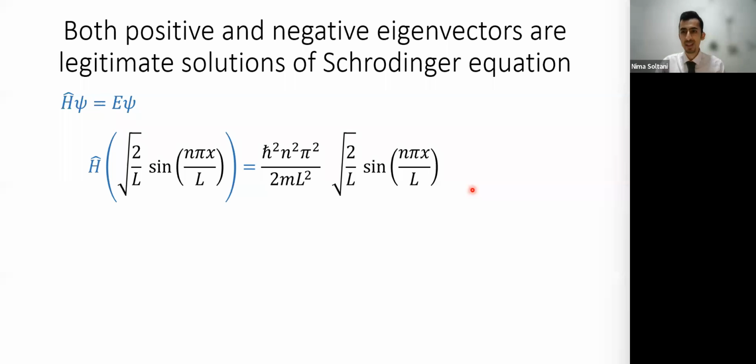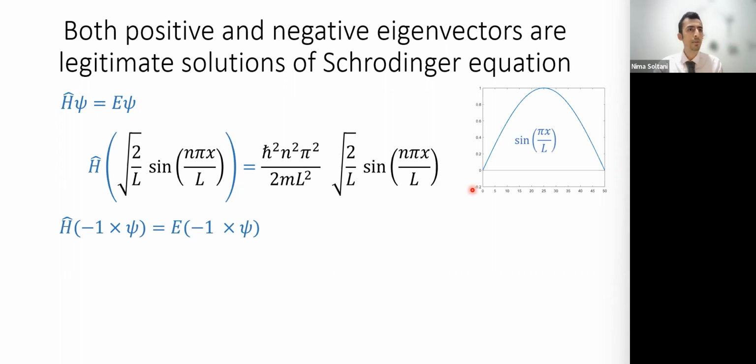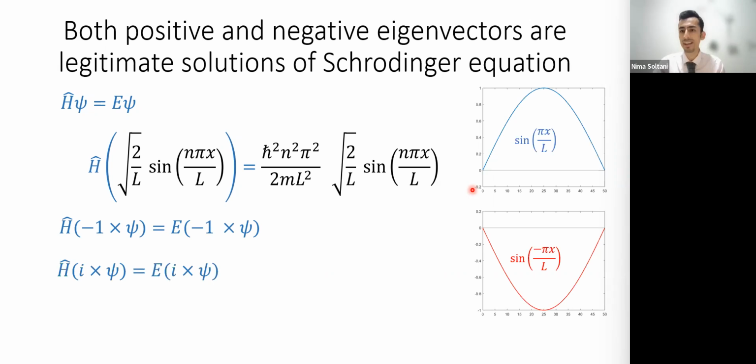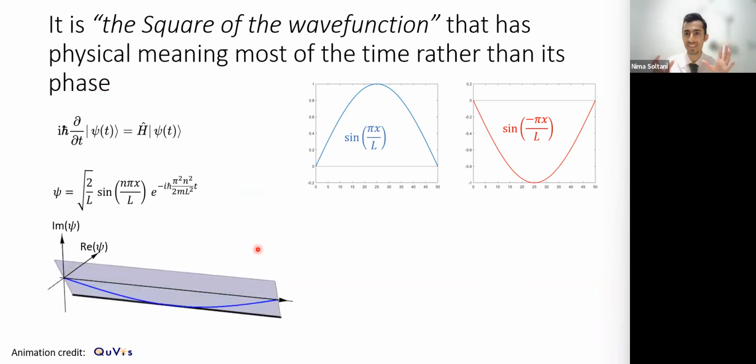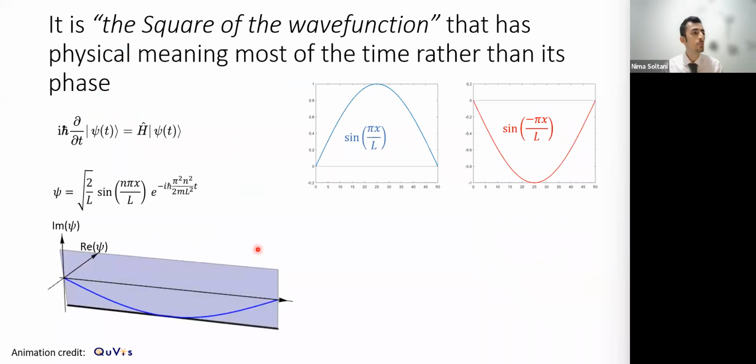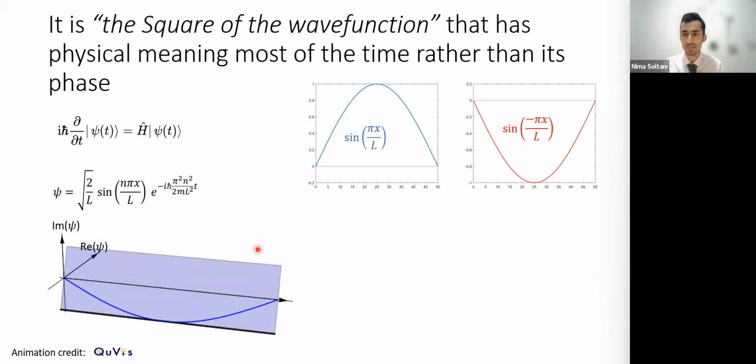You might notice that if we multiply both sides of the equation by -1, the equation still holds. In fact, if I multiply it by a number like i, which is an imaginary number, the equation is still true. No matter whether you have a positive function or a negative function, the equation is true. So both of these solutions, whether the positive one, the negative one, or even the imaginary one, belong to the same state.